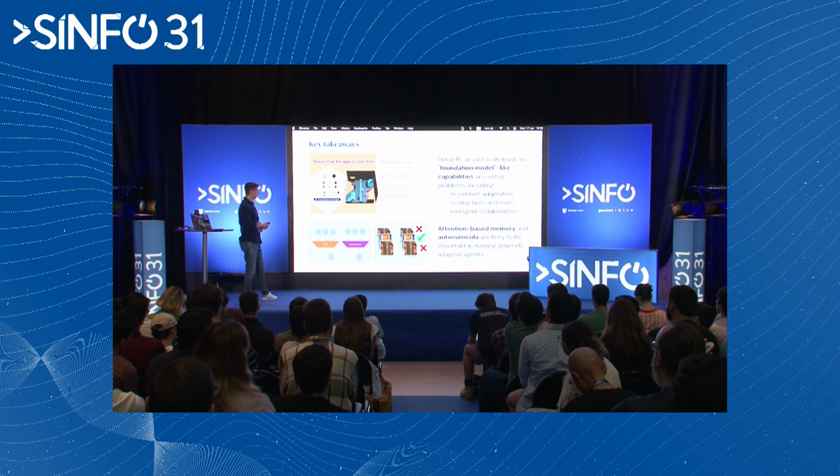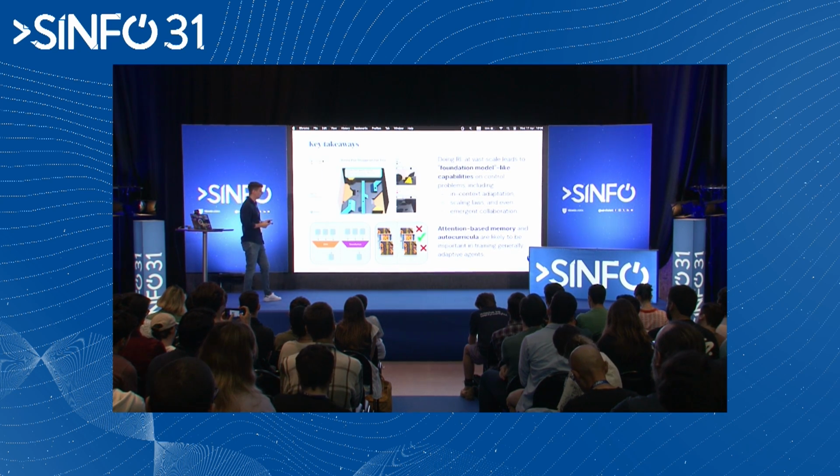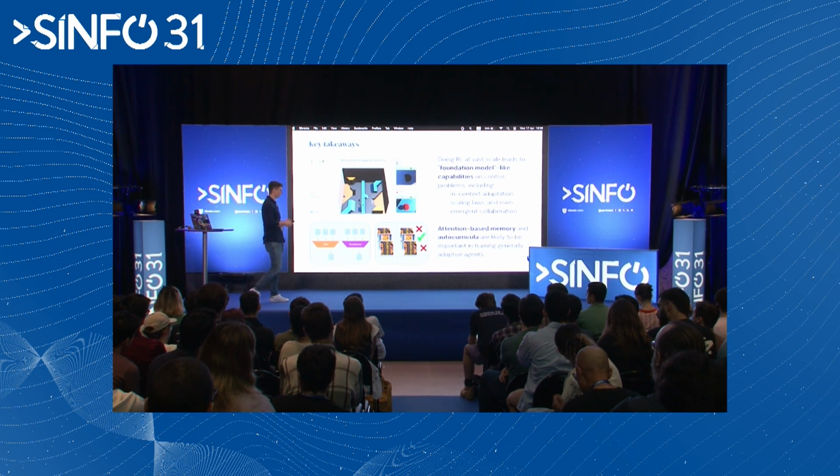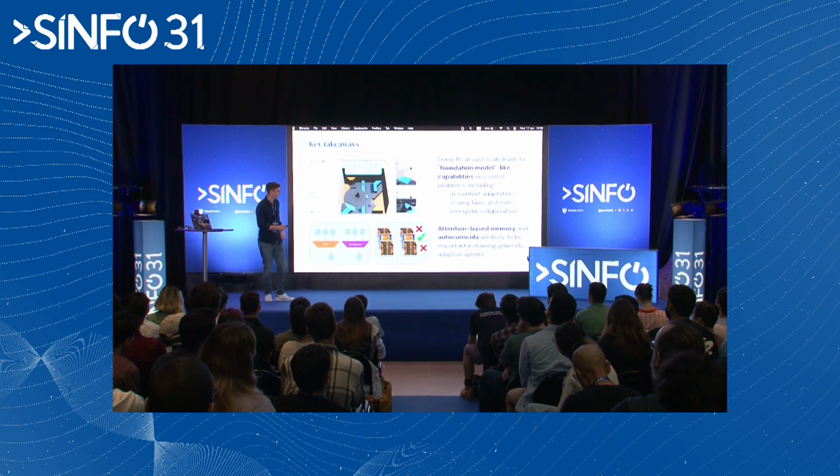And finally, some of the most important components here are the attention-based memory that we get when we use transformers, and the autocurricula, which helps us efficiently select tasks which are actually useful for the agent.